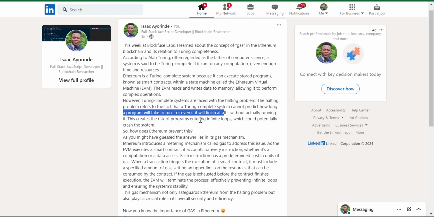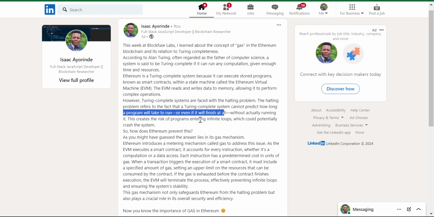A smart contract is just a bunch of code or a set of instructions given to the EVM to run. As the EVM runs that smart contract, it accounts for each computation it does. It's just like me giving a person a task to do, and the person charges me for doing that task.